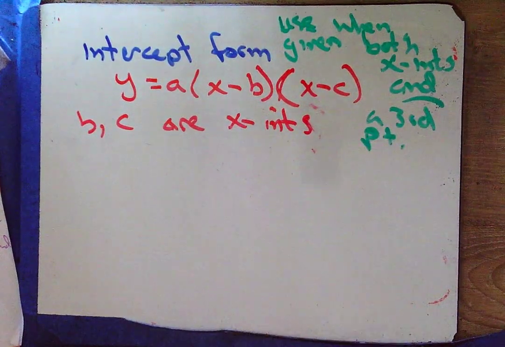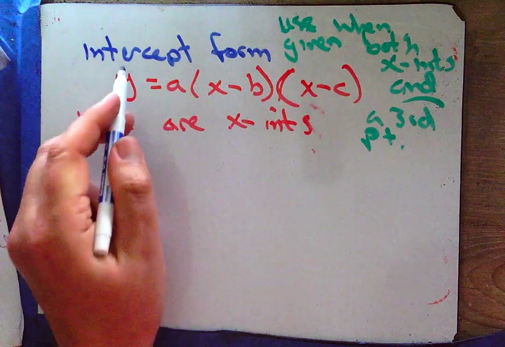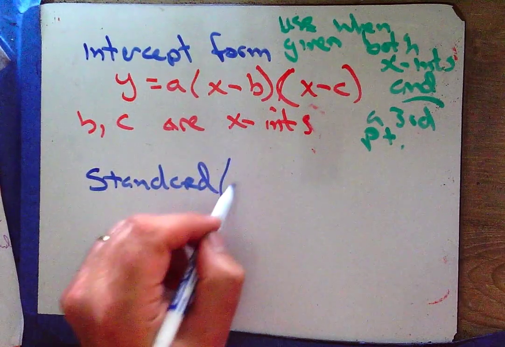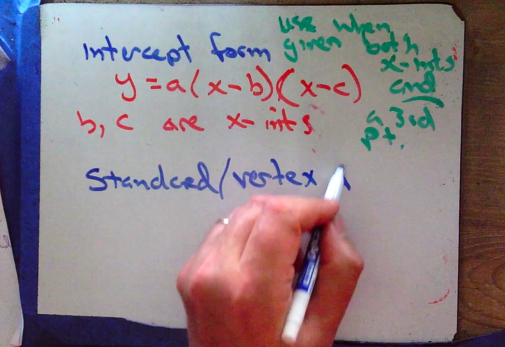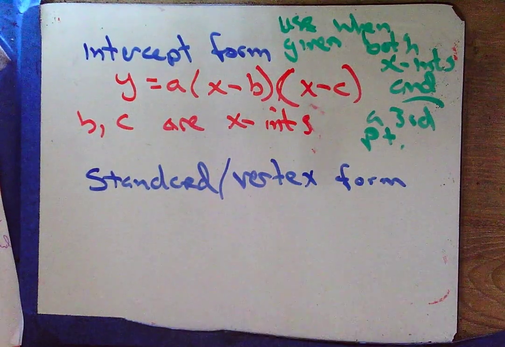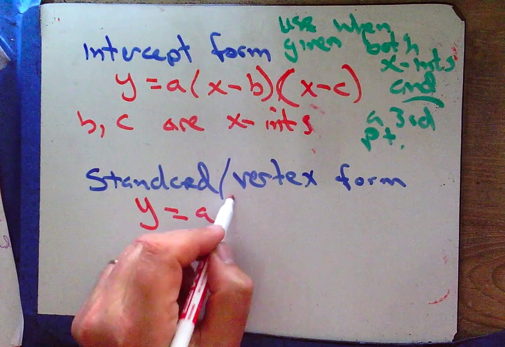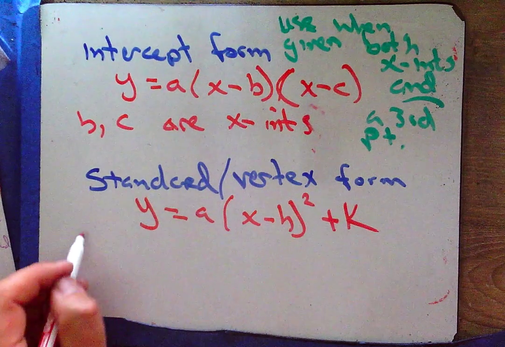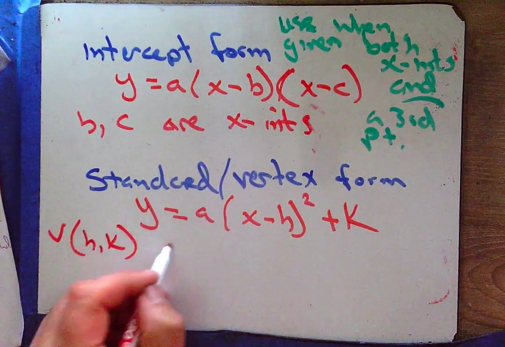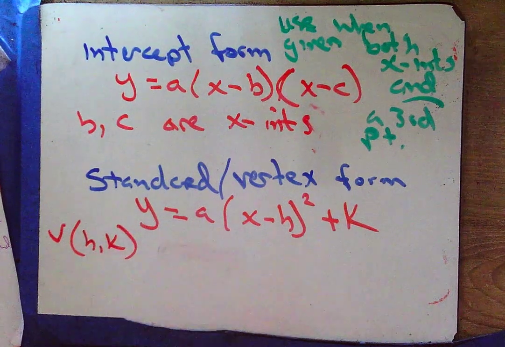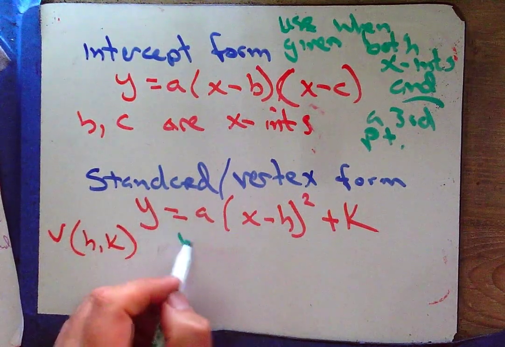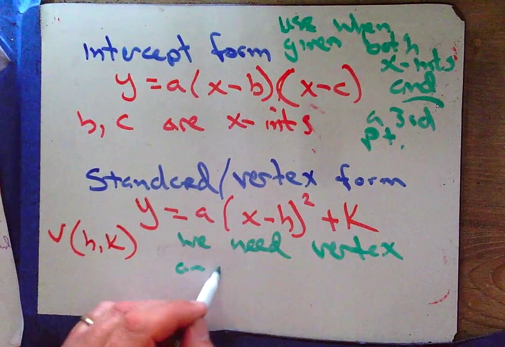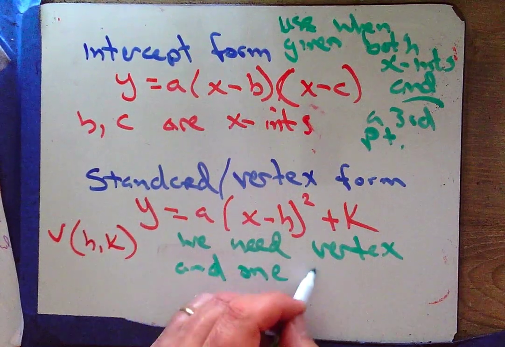The third point helps us find a in intercept form. But if we're in standard or vertex form, remember that form, y equals a(x minus h) squared plus k, that form only requires h and k, the vertex, and so here we need the vertex and one extra point.